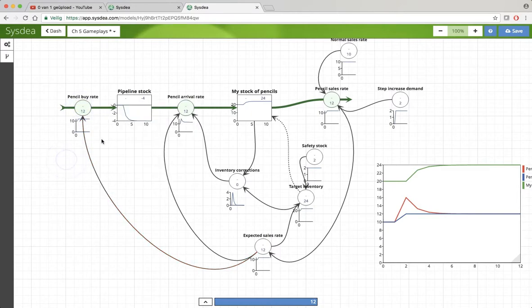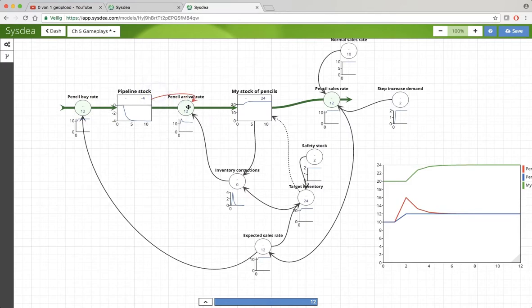Well, some improvement here, but still not enough. Why? Well, we have the inventory corrections halfway in between. Let's first of all also correct this one here, because now the pencil arrival rate is no longer dependent on the sales rate. It's now not a pull, but it's a push.